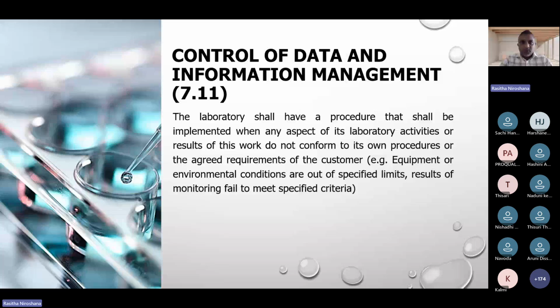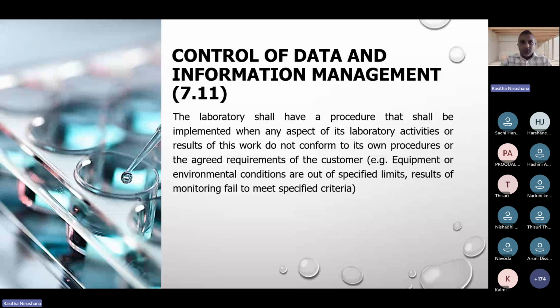The laboratory shall have a procedure that shall be implemented when any aspect of laboratory activities or results of this work do not conform to its own procedure or the agreed requirement of the customer, when equipment or environmental conditions are out of the specified limit, or when results of the monitoring fail specified criteria. So we need to identify the data part.